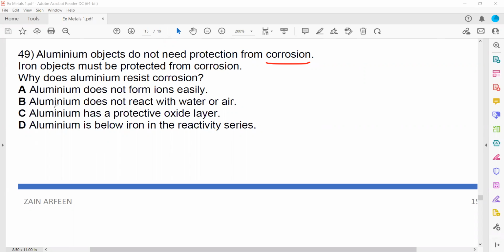The surface of aluminium has an oxide layer, and because that oxide layer is less reactive, it does not react with most substances. Whenever we have a piece of aluminium, the top layer is always aluminium oxide, which is less reactive, and that protects the aluminium from rusting. That's why we say aluminium has a protective oxide layer on its surface.